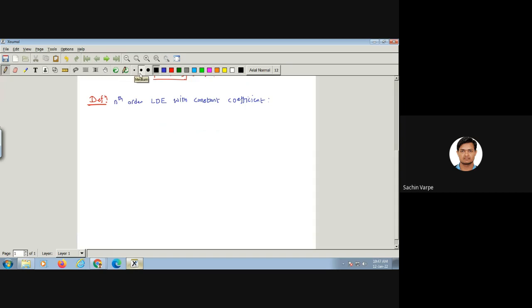So, we are now defining the linear differential equation of nth order.